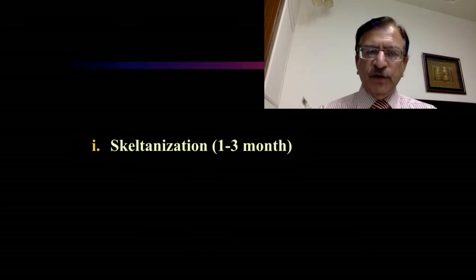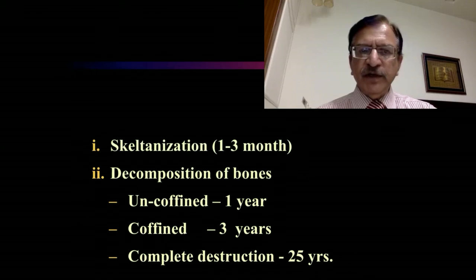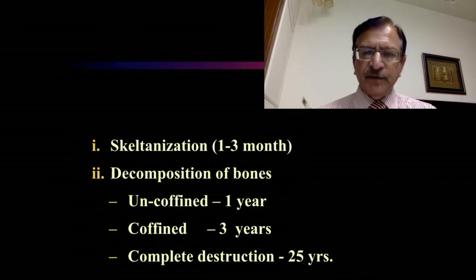Then the whole body is skeletonized in 1 to 3 months. The decomposition of bone in uncoffined takes approximately 1 year, and in coffined 3 years, and complete destruction of bones in 25 years.